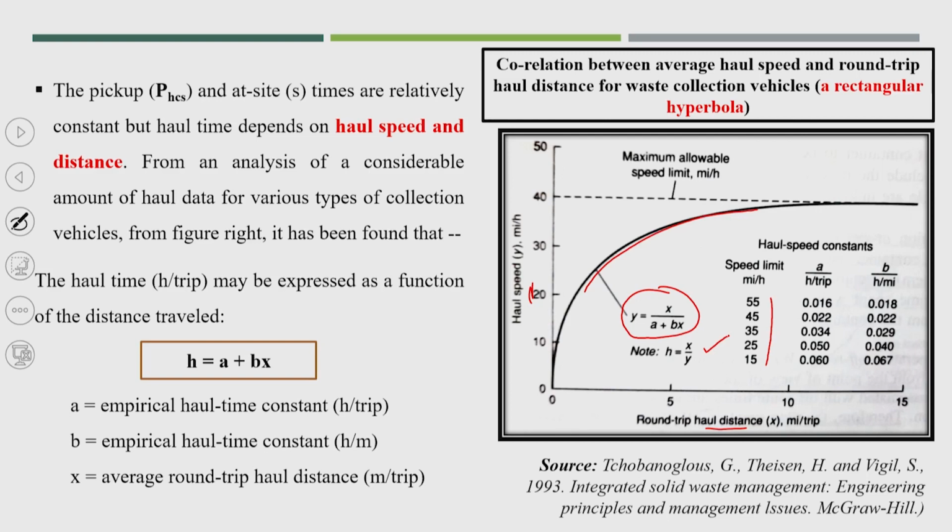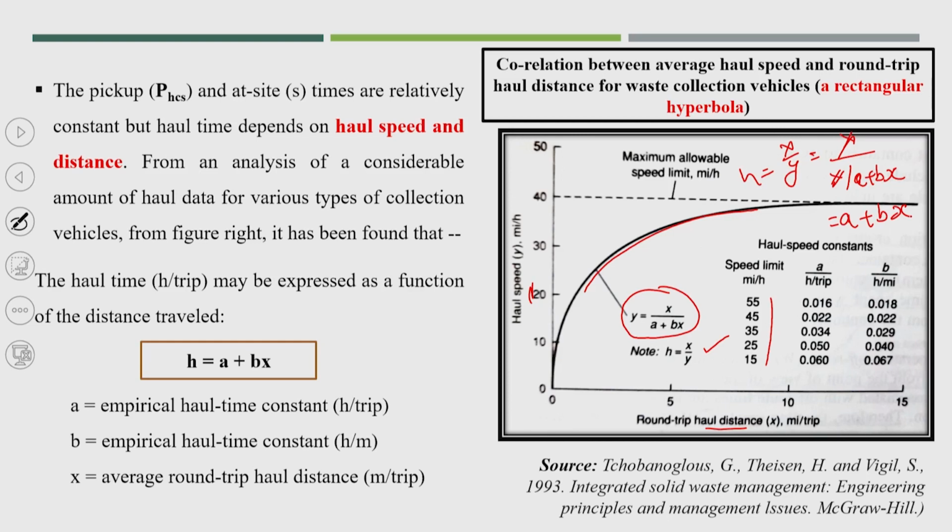So, if you put it in this equation, like here I am solving, if h is equal to x by y, then in case of y this will be x divided by a plus b x, so this x will get cut and this will be a plus b x.